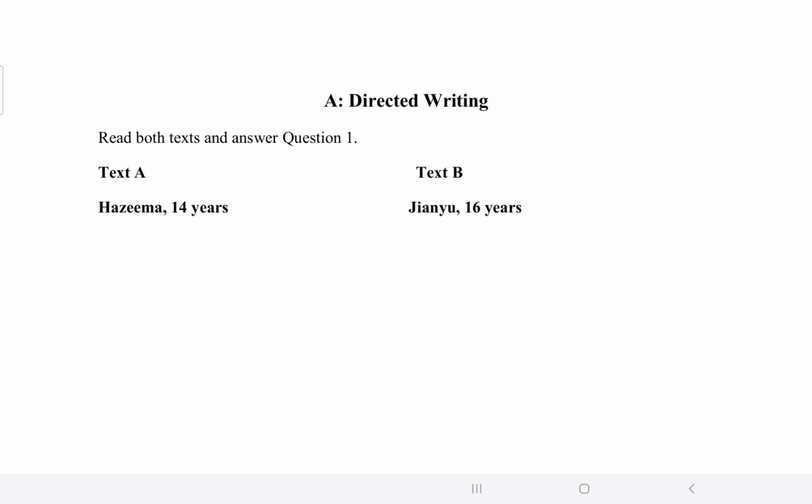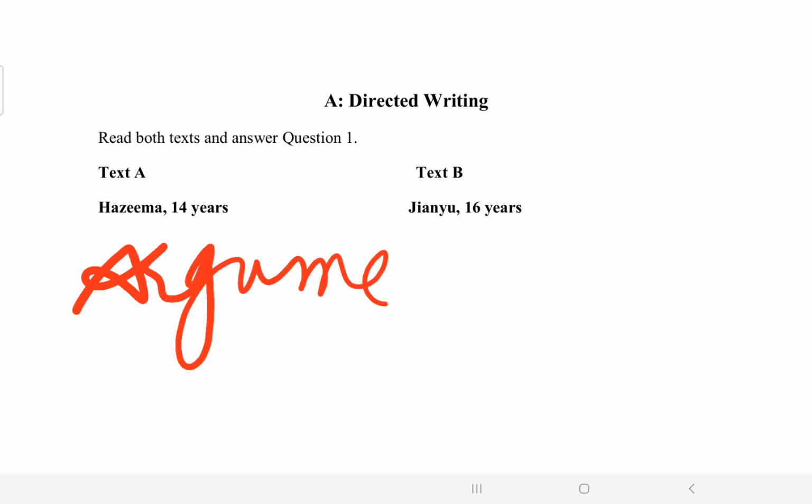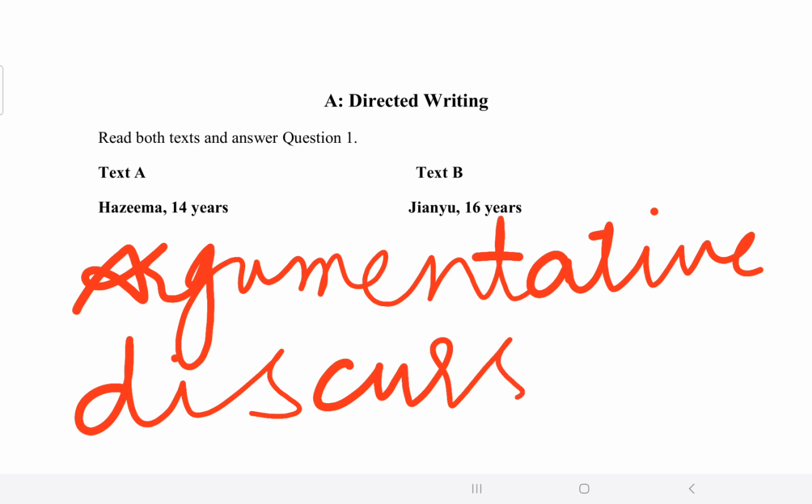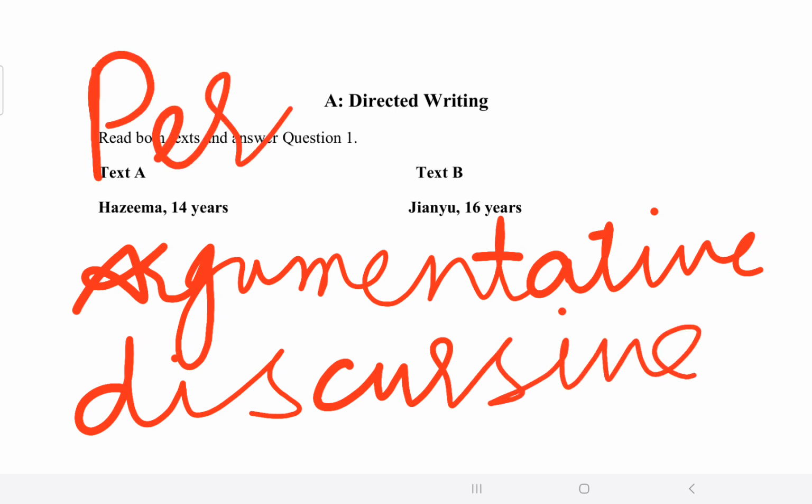in your paper. We all are aware that this directed writing task is always argumentative, discursive, and persuasive. This is the nature of this task.